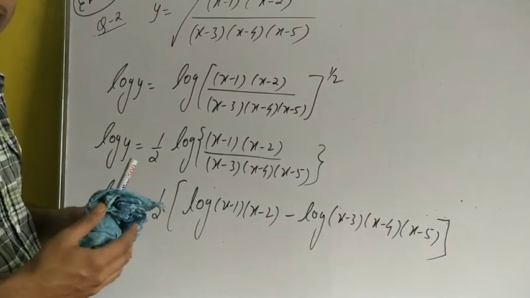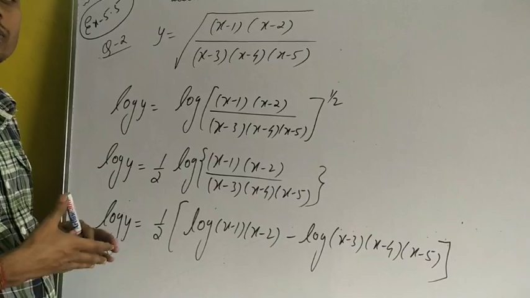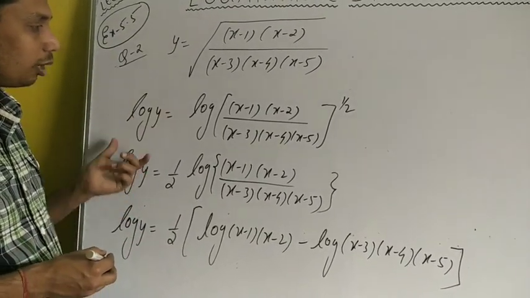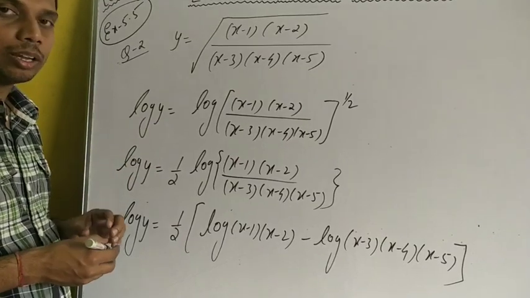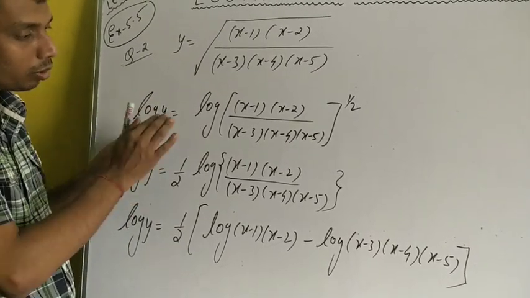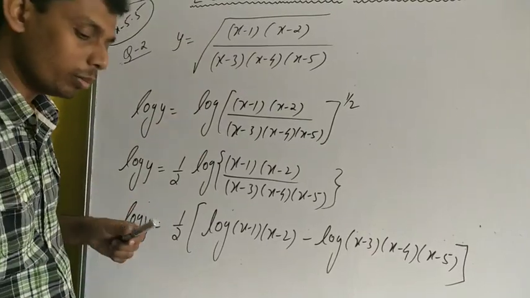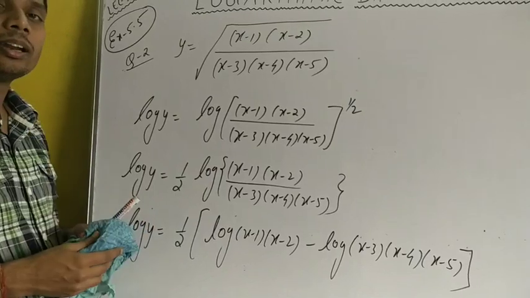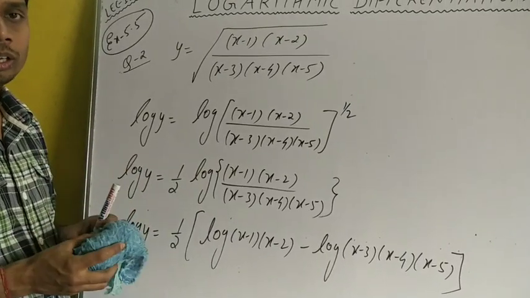Just for clear understanding, so that you should not have any confusion, I have elaborated in this manner, so that you can understand the concept of where we are transforming it from. But if you can write this directly, you can do that in your exam.